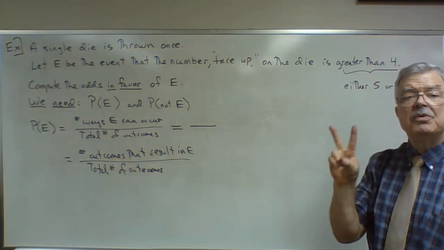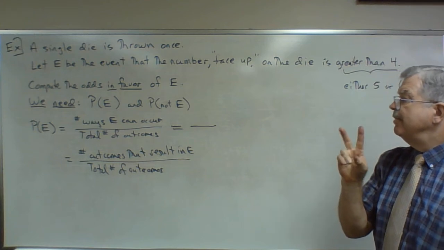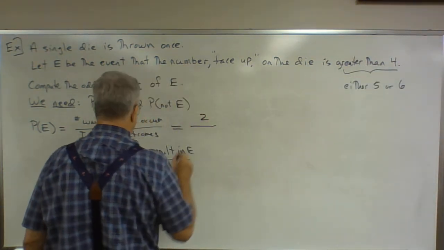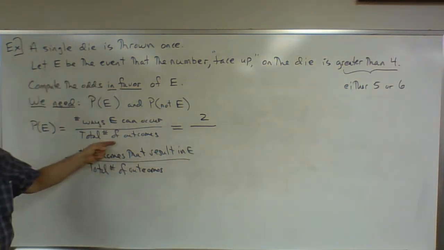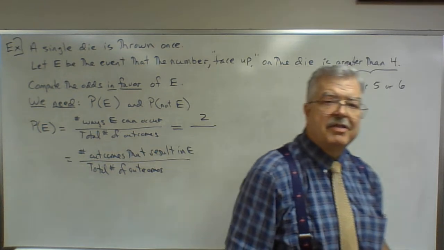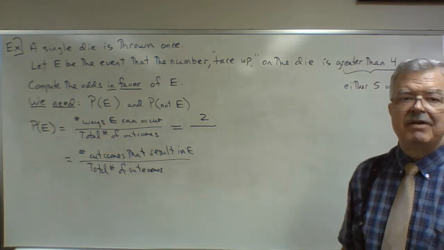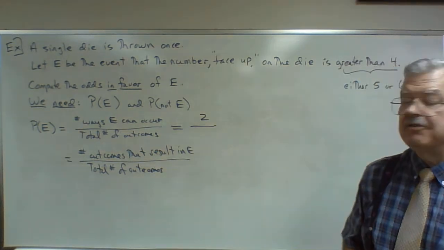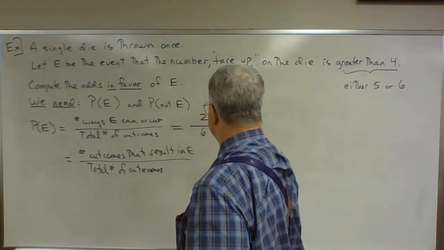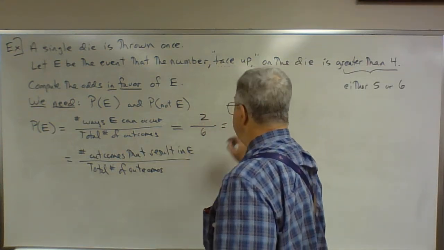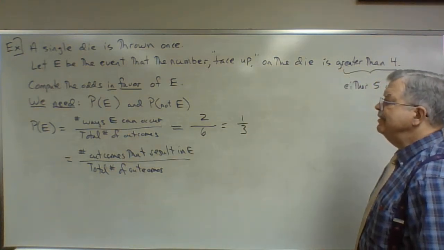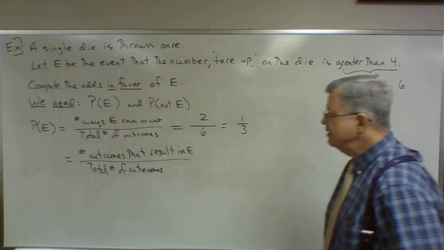So there are two ways that E can occur. And the total number of outcomes, there are 6 numbers on the die, 1, 2, 3, 4, 5, 6. So there are 6 total outcomes. And that reduces to 1/3. The probability that E can occur is 1/3.